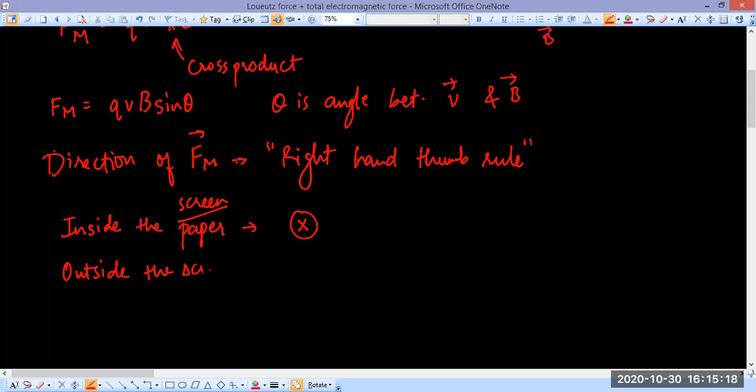Outside the screen, okay, that means perpendicular, normal to the screen inside, and normal to the screen outside. So એના માટે dot. These two are very very important notations, કારણ કે આમાં તો હું કંઈ આમ પેન રાખીને એવું નહીં કહી શકું તમારી બાજુ ને ઊંધી બાજુ કે એવું કંઈ પણ. ઓકે, so you have to be very careful with these. Cross for inside એટલે એવું યાદ રાખવું હોય તો રાખી શકો.